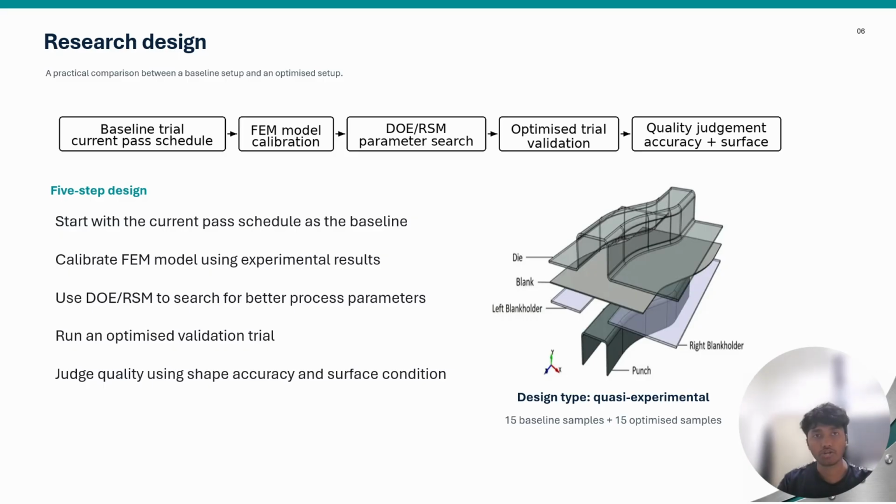The third is that DOE and RSM are used to search for better process settings such as roll gap, stand spacing, forming angle, and speed. The fourth is that the optimized verification trial is carried out. Finally, the baseline and optimized samples are compared using shape and surface quality measurements. This design uses 30 samples in total: 15 baseline and 15 optimized samples.